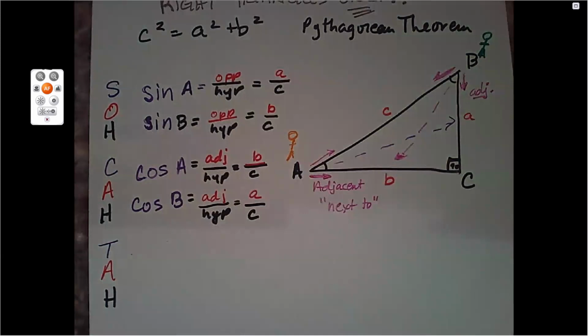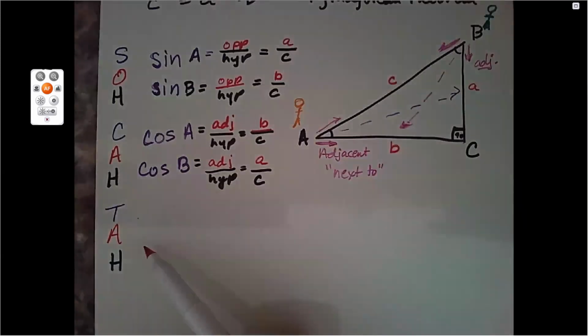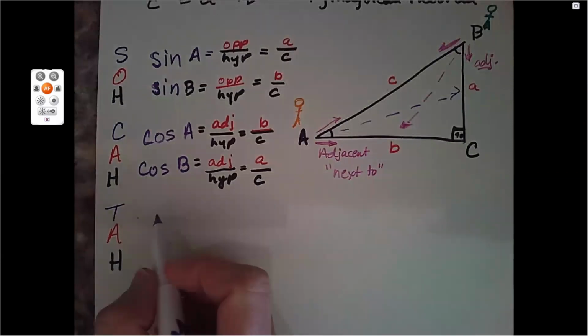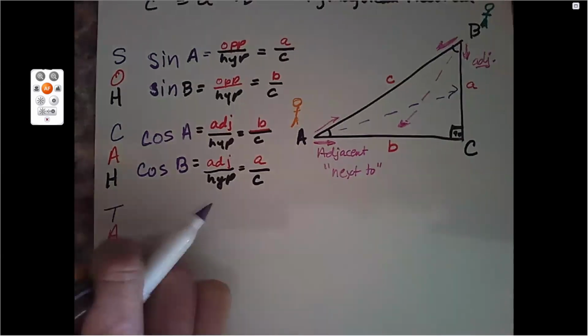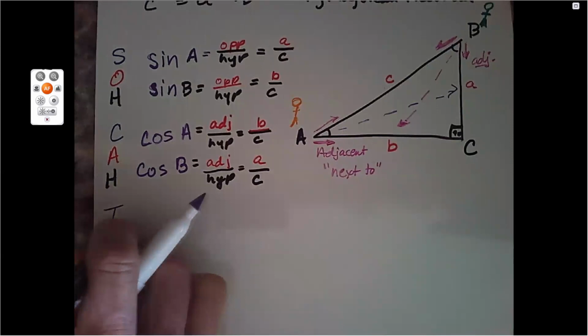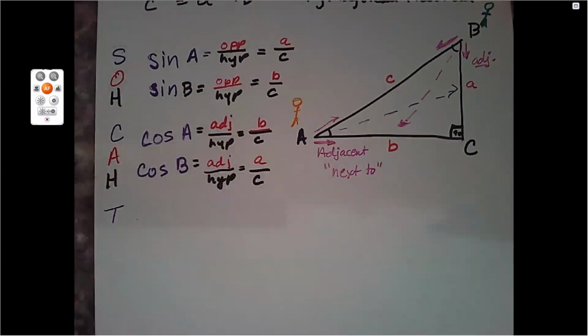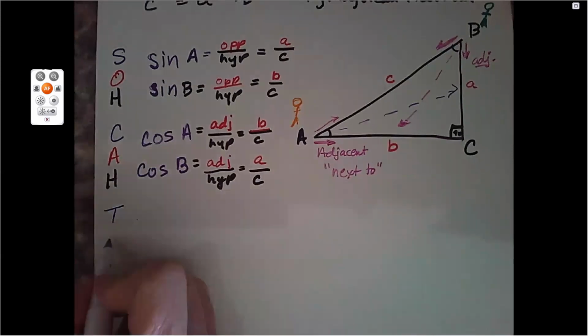Last piece of our SOHCAHTOA then is the tangent function. So tangent works just the same way with one slight difference. We've got to make sure we have the right letters to start with.